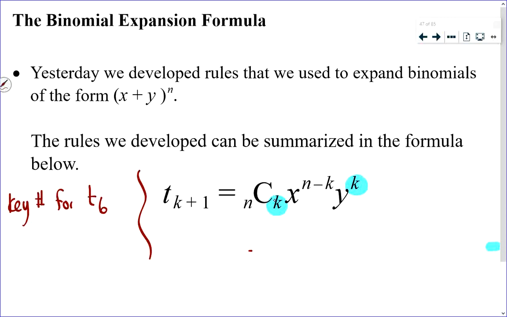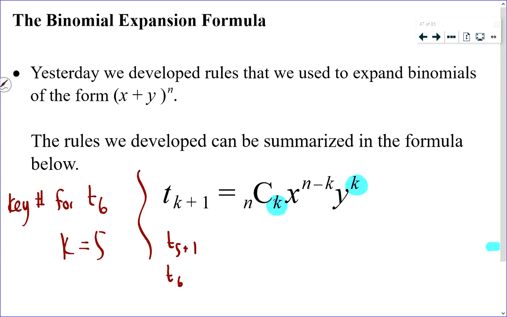Darius, you know? Excellent. It's 5. It's 1 less, right? We have to remember that. So k is 5. Well, look what happens if you put 5 right here. You get t sub 5 plus 1. Five plus 1 is 6.